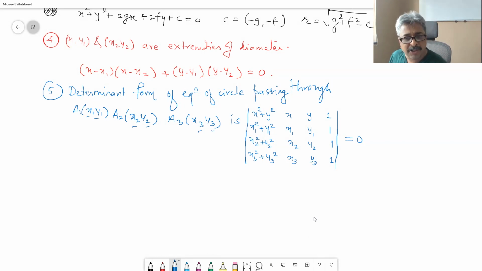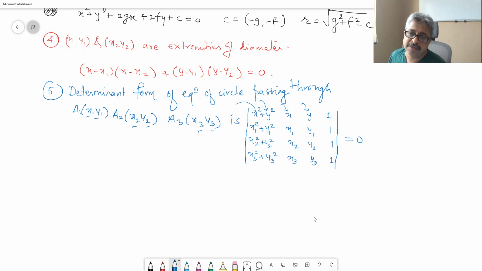They are all constants, and x and y are real variables. So this is a 3 by 3 determinant, which is to be multiplied by x square plus y square, and therefore constant times x square plus the same constant times y square. So the coefficient of x square and y square is the same. The first condition for a circle is satisfied.